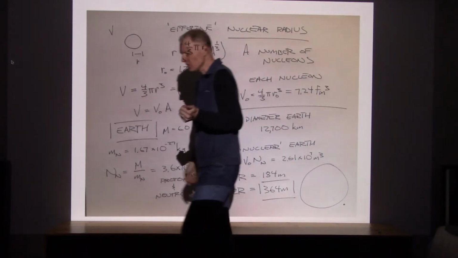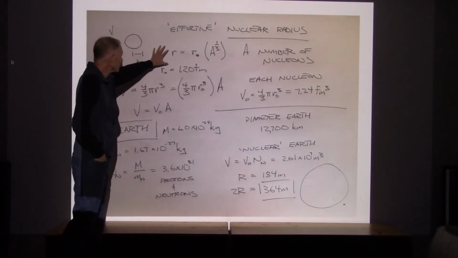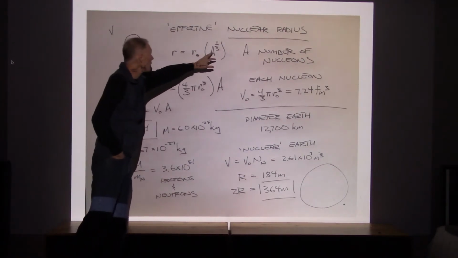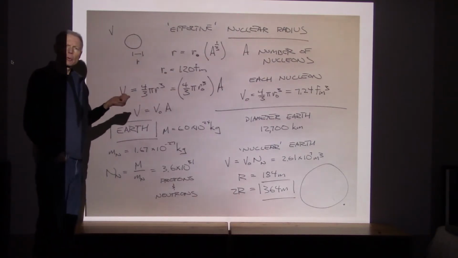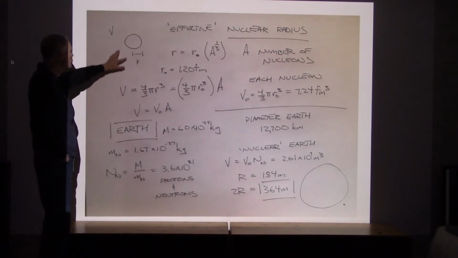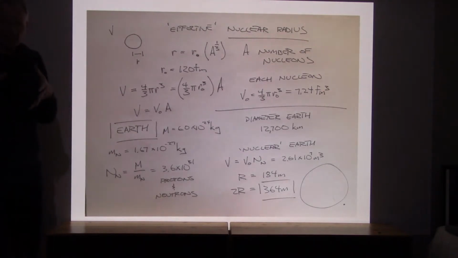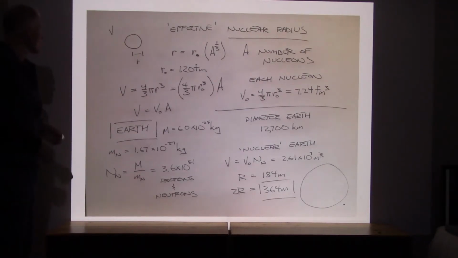Now, the reason we're stating that is that, well, let's take this formula where we have A to the 1/3 power. Let's turn that into a volume. What's the volume then for a nucleus? What's the effective volume? How much space does that nucleus fill up?